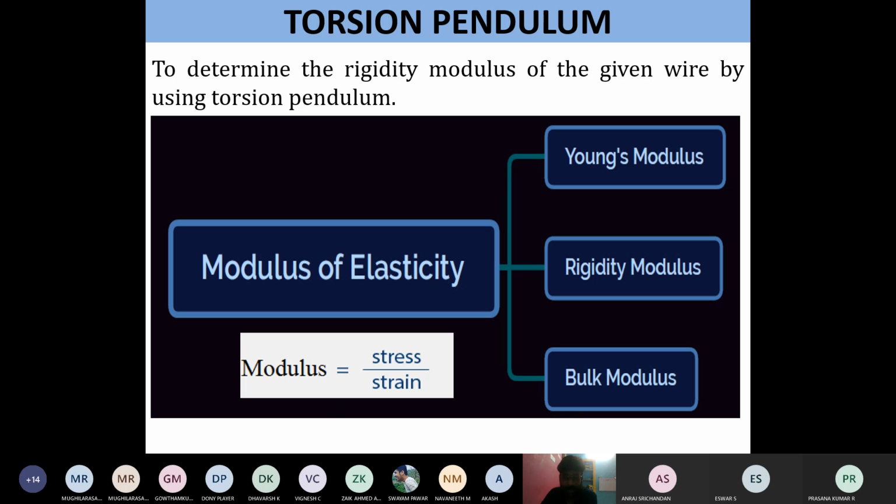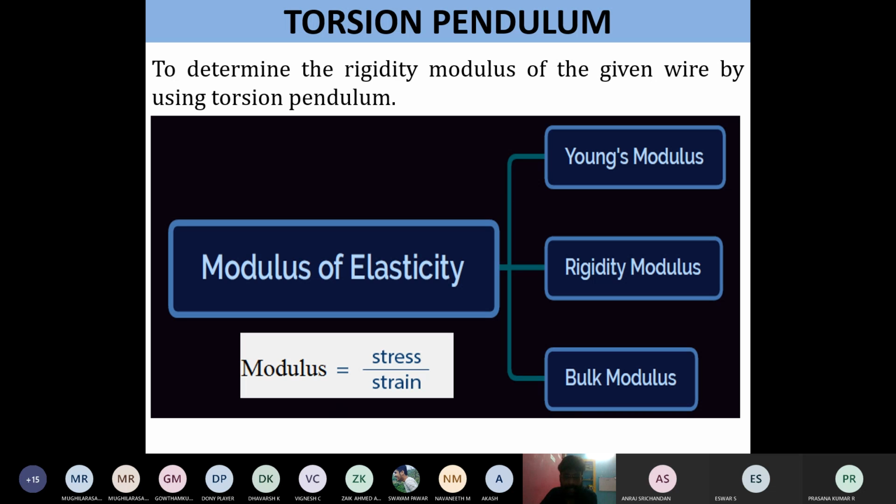We are going to use a wire in our lab. So for the wire, we have to measure the rigidity modulus. Later we will see the procedure for how to measure the rigidity modulus of the given wire. But here we are talking about the modulus of elasticity.